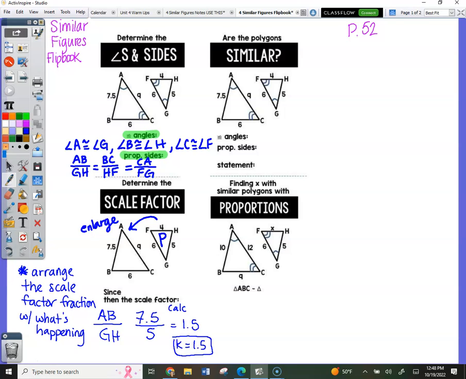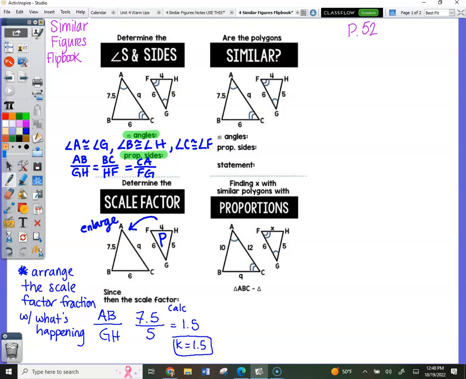Hit math, then frac. It's the very first one. Then hit enter. So the fraction will be 2/3. If it's enlarging, the fraction is 1.5, which is 3/2.